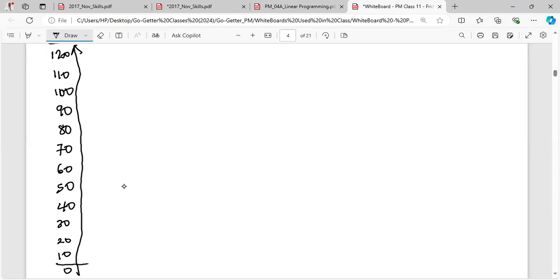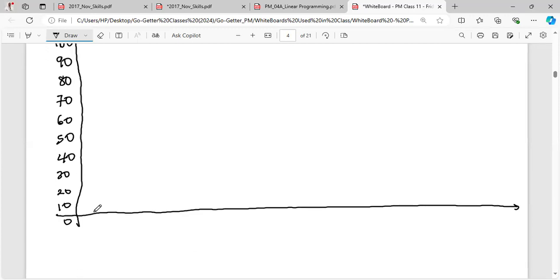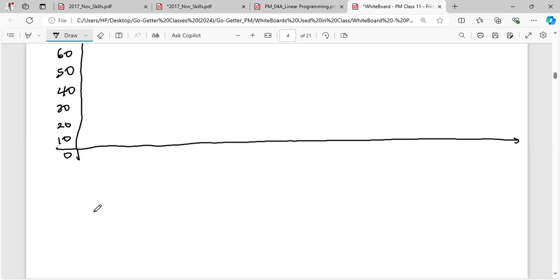And your x-axis will go like this. So it's 180. You can decide to use a scale of 20 so that everything will fit. So this is 20, 40, 60, 80, 100.